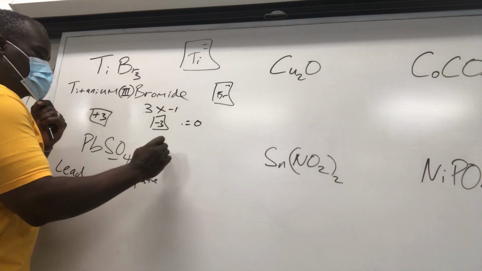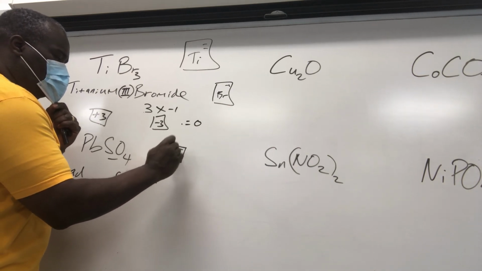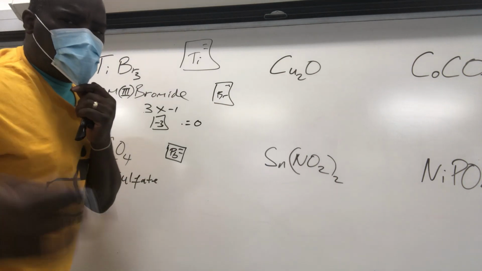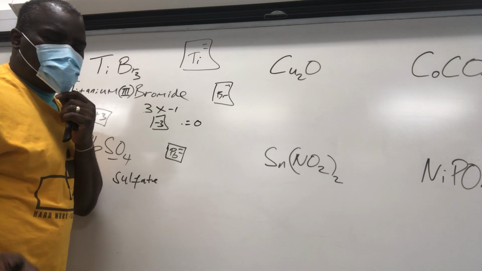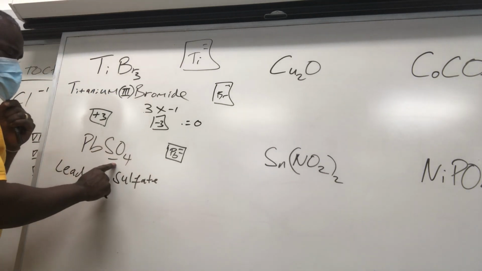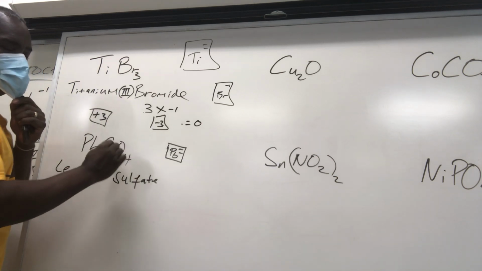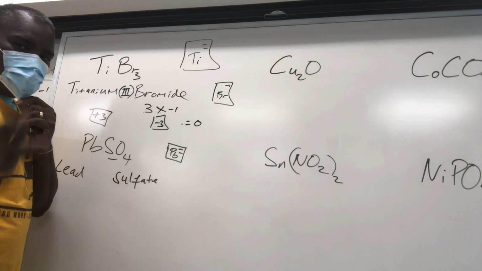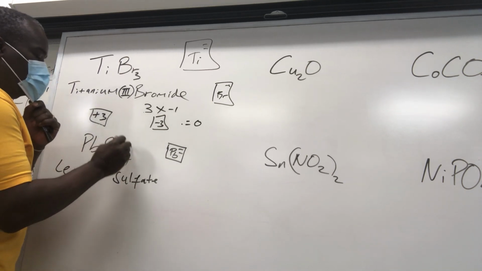But it just so happens that when you look in the box for lead, it has multiple oxidation states. It has more than one oxidation state. You don't guess which oxidation state it's in, you calculate it. What are the rules? You look at sulfate. Now, the tricky thing is this, guys. You have one SO4 here. Be careful, because sometimes students say they have 4 SO4s. No, you have 4 oxygens, but you have one SO4.